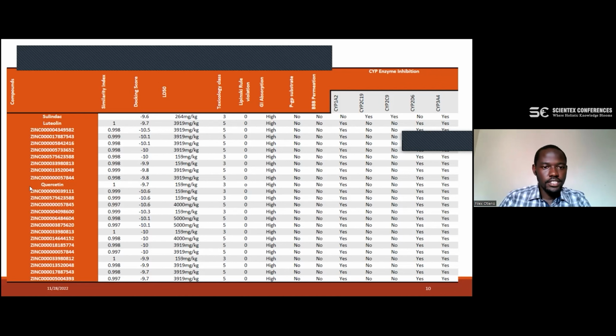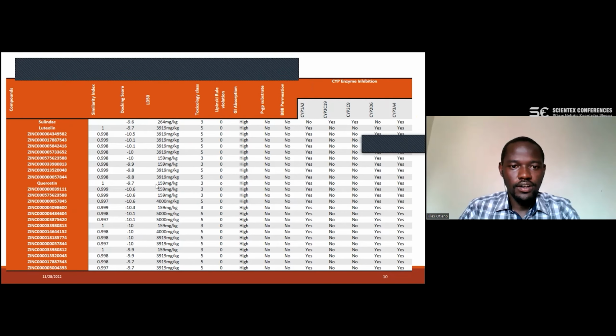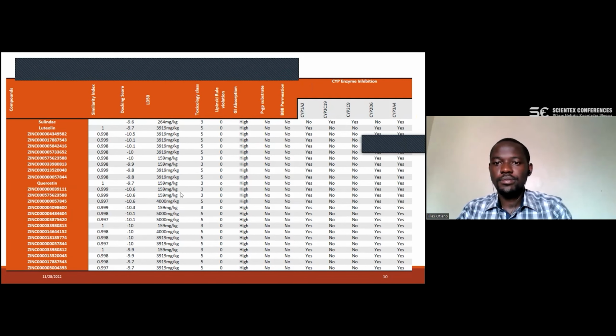For quercetin, the best compounds also had a very large docking score at negative 10.6, but looking at the LD50, they were a bit low. So ZINC compound number 3 is the one we could select since the LD50 was at 4,000 milligrams per kilogram. But these other ones are a bit lower and could pose toxicological problems.